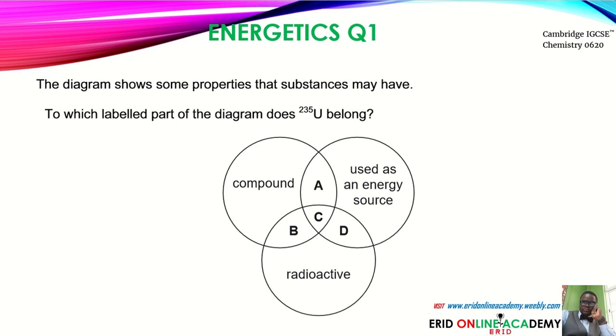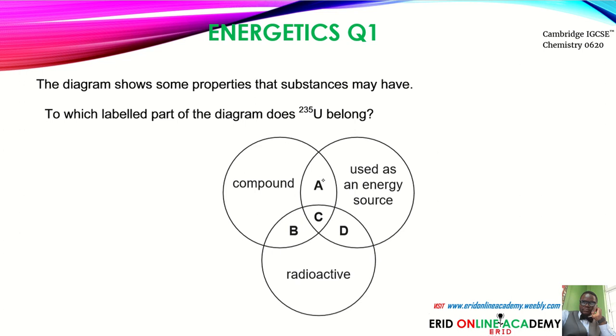If you look at this question, it's somewhat like your set theory in mathematics. So let me just do a few explanations in case you are not in tune with set theory or Venn diagram.